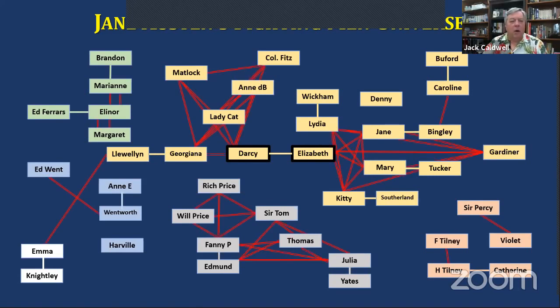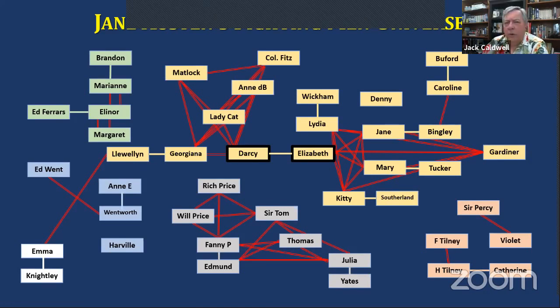Of course, there are family relations, which are defined by the red lines that you're looking at right now. There's very little crossover between the groups, except for one, where you'll see that Emma is related to Georgiana's eventual husband. There's a reason for that. Other than that, they're kind of sitting around their own little places in the world.